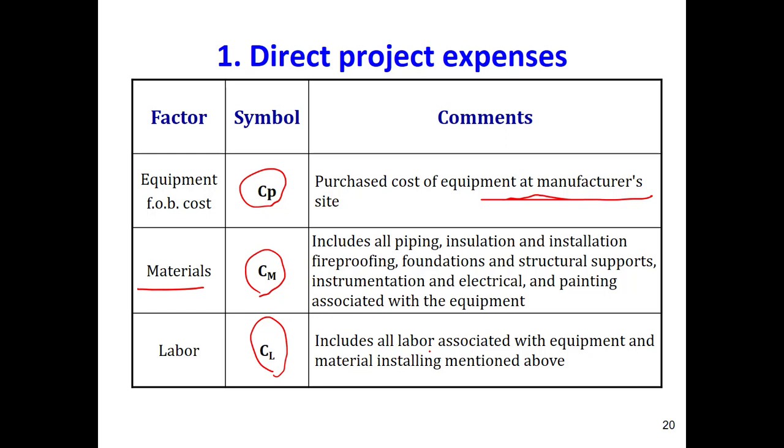All the labor associated with equipment, material, installing the material, like installation, painting, construction, whatever labor you need. This will be shown in the index that we call labor cost. We show it with CN. Material cost CM, equipment or process cost CP. Those are the direct costs that you have.